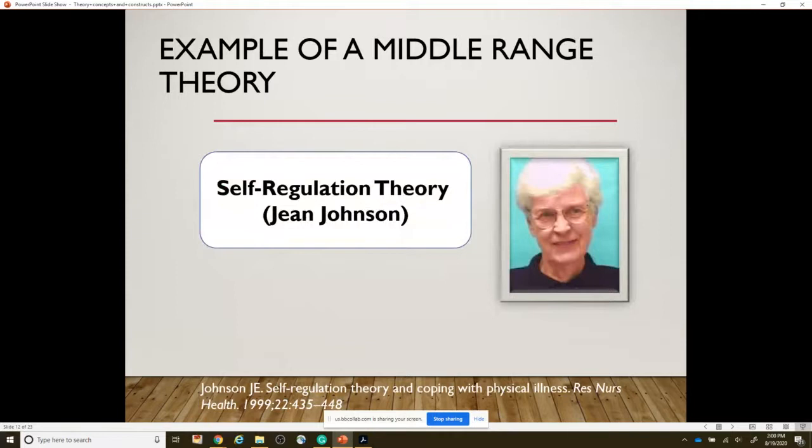So an example of a middle range theory is Jean Johnson's self-regulation theory. Johnson's theory says there's a discrepancy between expected and experienced physical sensations, so what is felt, seen, heard, tasted, and smelled during a threatening experience. That discrepancy will result in distress.